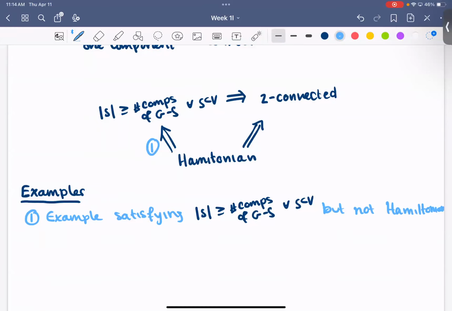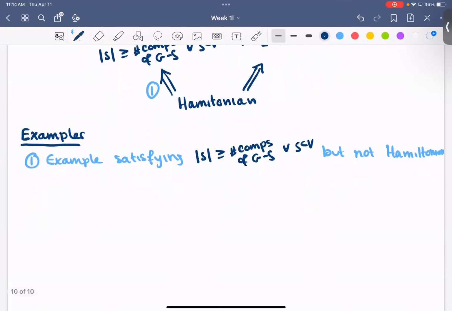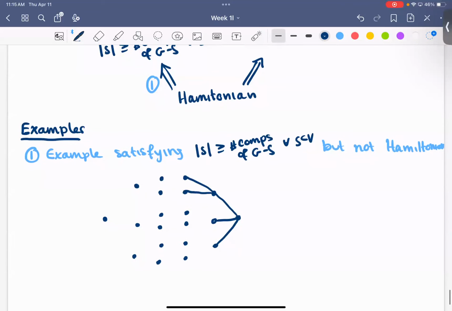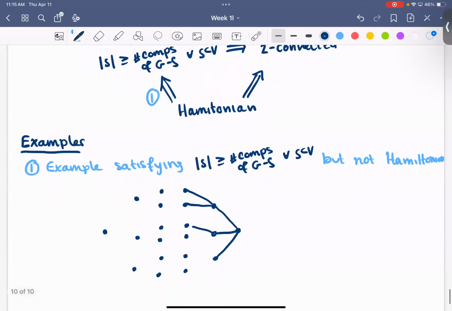So this is the graph. This is an example from the book. I don't know if this is the simplest possible example. Okay, so we have this kind of thing on both sides.